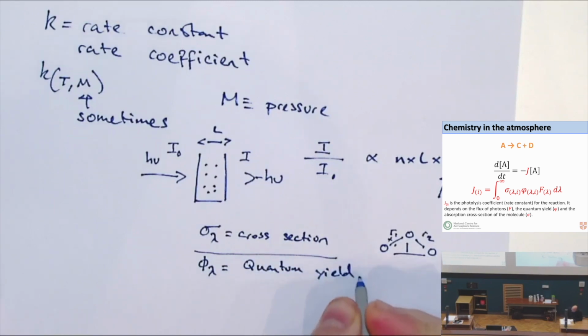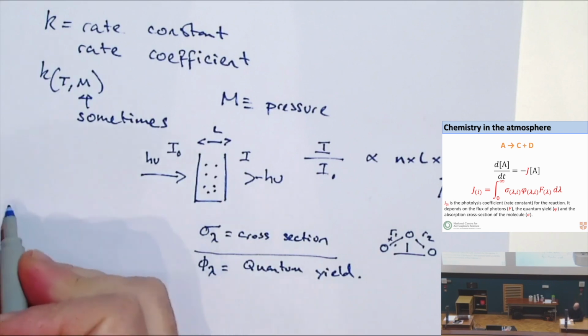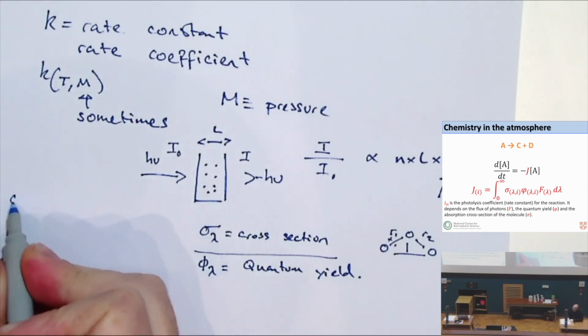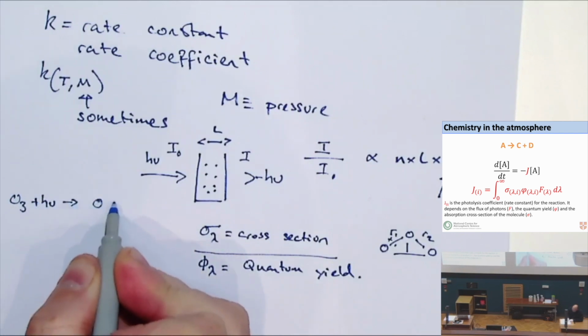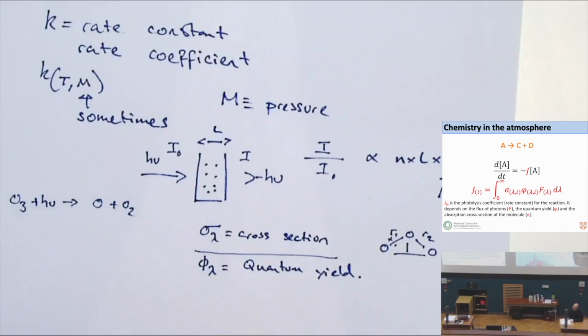The way that I think about that is, basically, what we're talking about is a process where, let's say ozone: O3 plus a photon goes to O plus O2. And we're breaking one of these bonds in the ozone molecule. So if I'm an ozone molecule, I can absorb photons at lots of different wavelengths. A lot of them will just spin me around, or they'll make me vibrate.